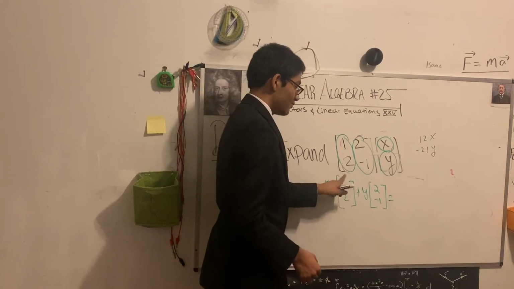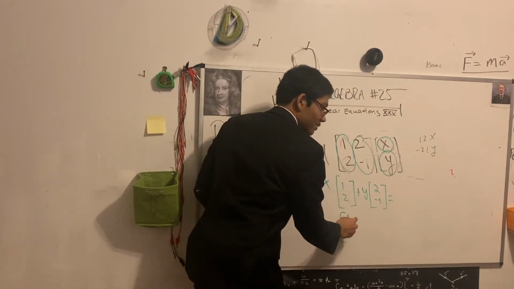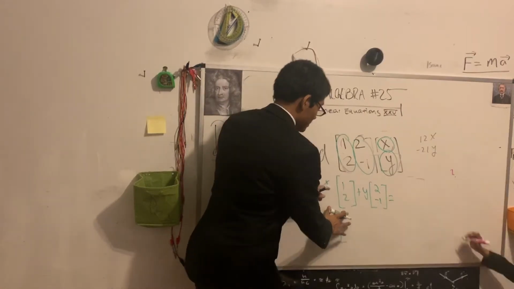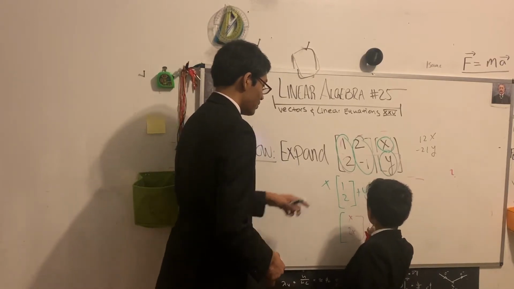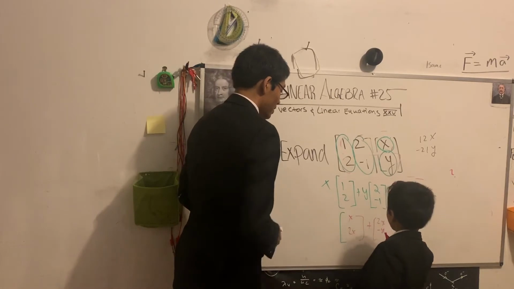X times this vector is what? And what is y times that vector? Very good. And what does that equal?